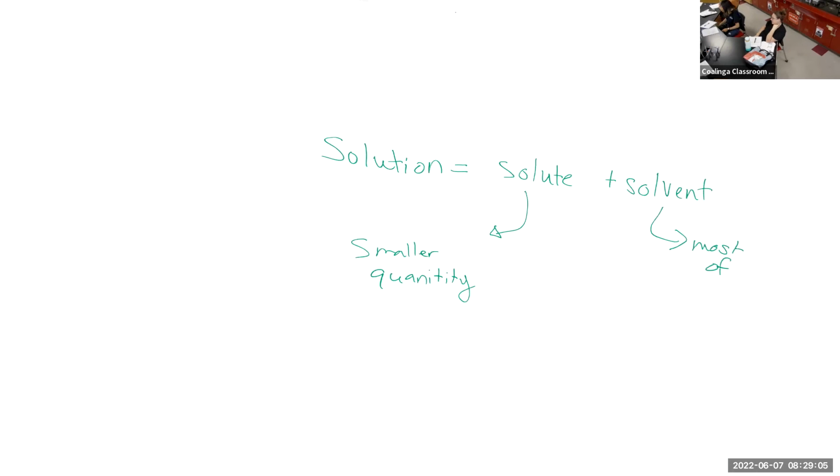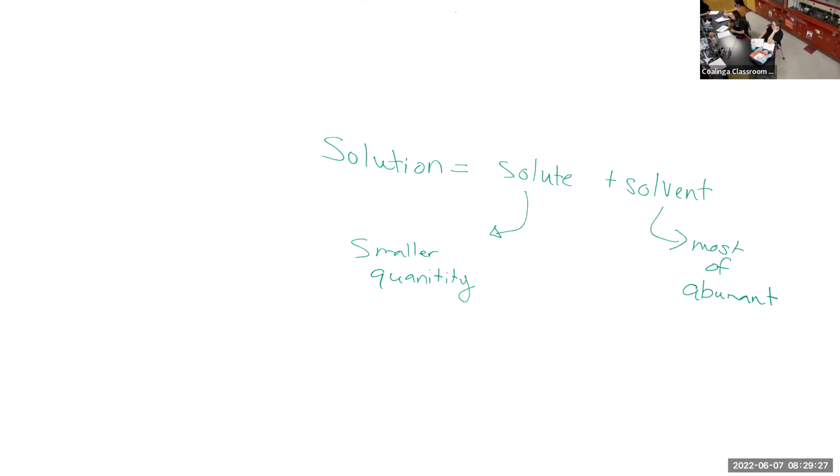Okay, so a solution is just a solute and a solvent. The solvent is the one that's going to be the most abundant. The solute is the one that's going to be the least.